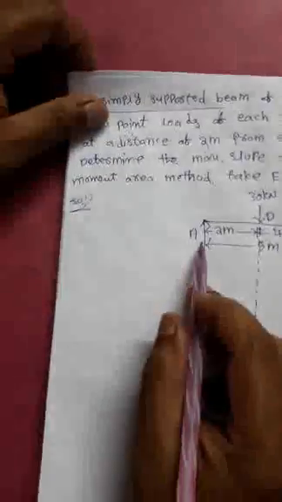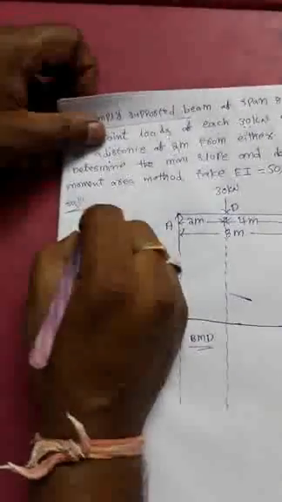For drawing this BMD diagram, we require bending moment values. So that is the solution. First of all, what is the reaction at A and the reaction at B? For finding reactions at A and B, we require the total loads.